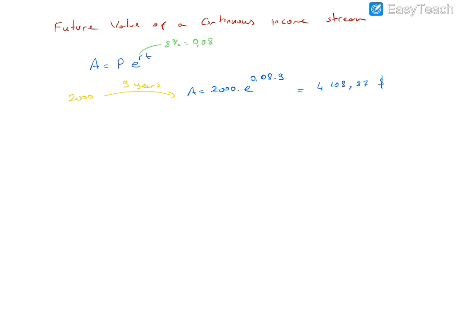If at the end of each year you invest the $2,000 you earned that year at 8% compounded continuously, the amount at the end of the 10 years, to the nearest dollar, would be equal to this one.